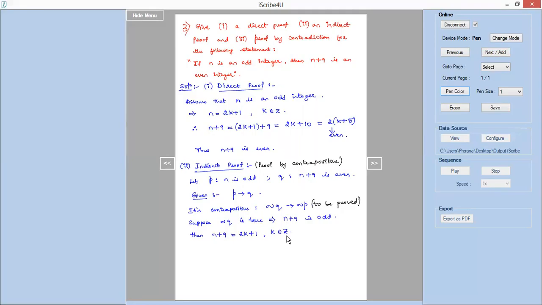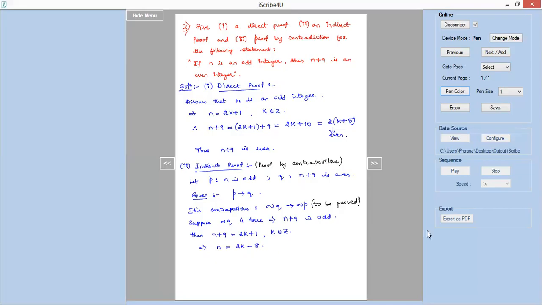So what is n from this? We will just rearrange the terms and write down what n is. So we are getting n is equal to 2k plus 1 minus 9. Plus 1 minus 9 can be written as minus 8. So we have n equal to 2k minus 8.